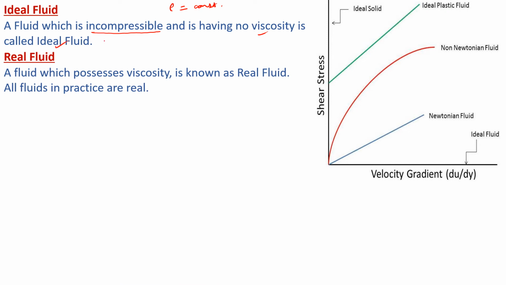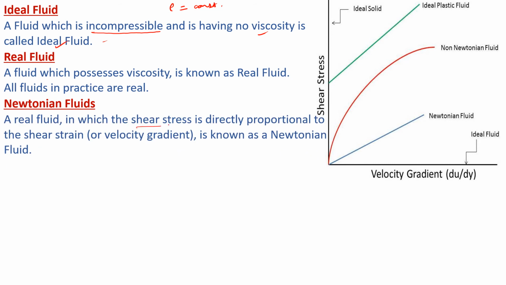In practice, no ideal fluid is present in practical life, and all fluids are real. Next are Newtonian fluids, in which the shear stress is directly proportional to the shear strain. That means the fluids which obey Newton's law of viscosity are known as Newtonian fluids.